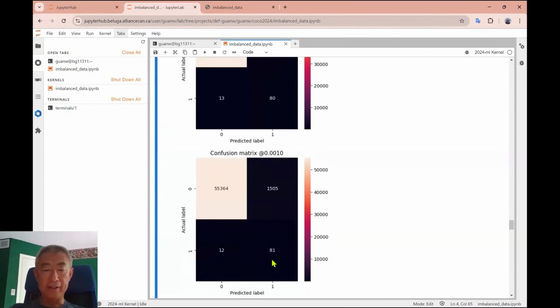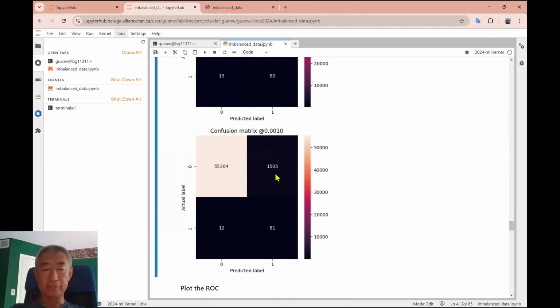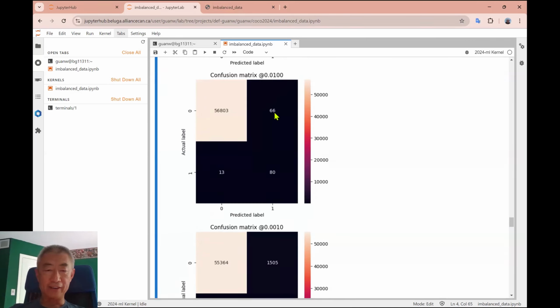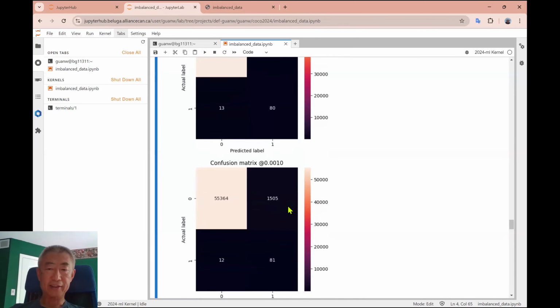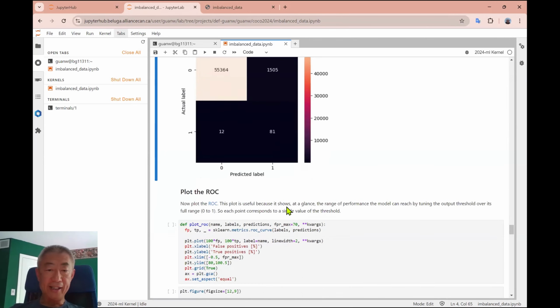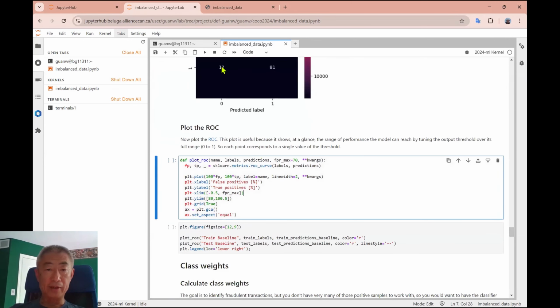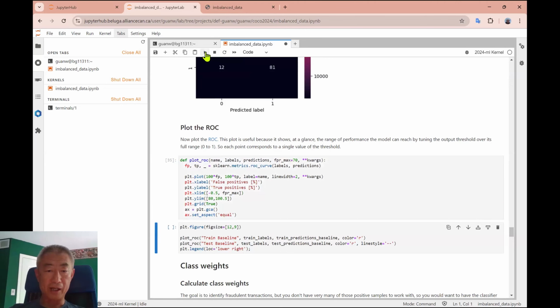And the same thing here, when we just increase 1 more from 80 to 81, we have a lot of negative samples classified as positive samples. So that's the nature. And then we are gonna plot the ROC.